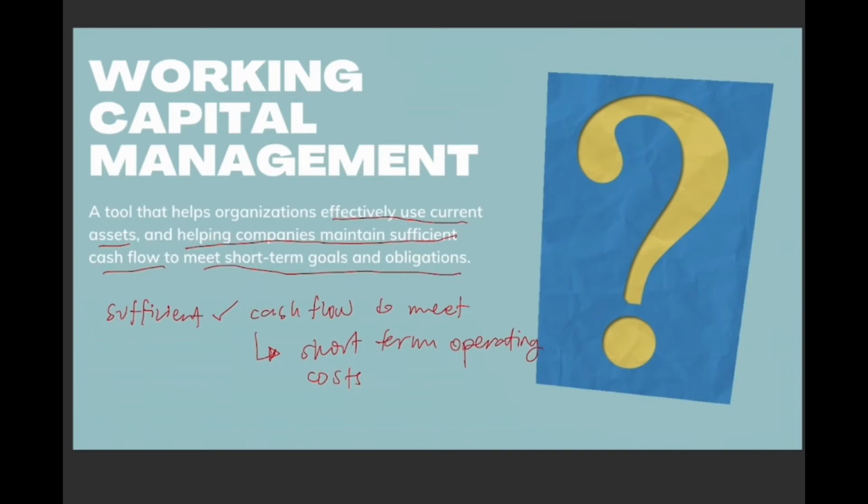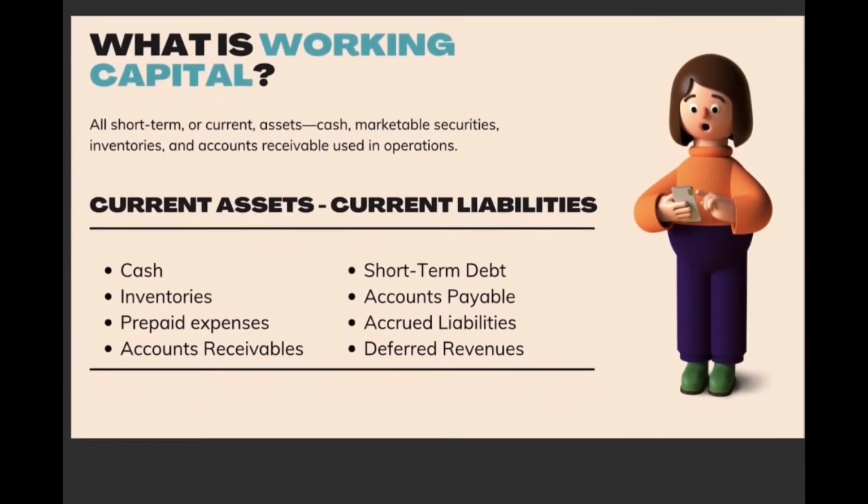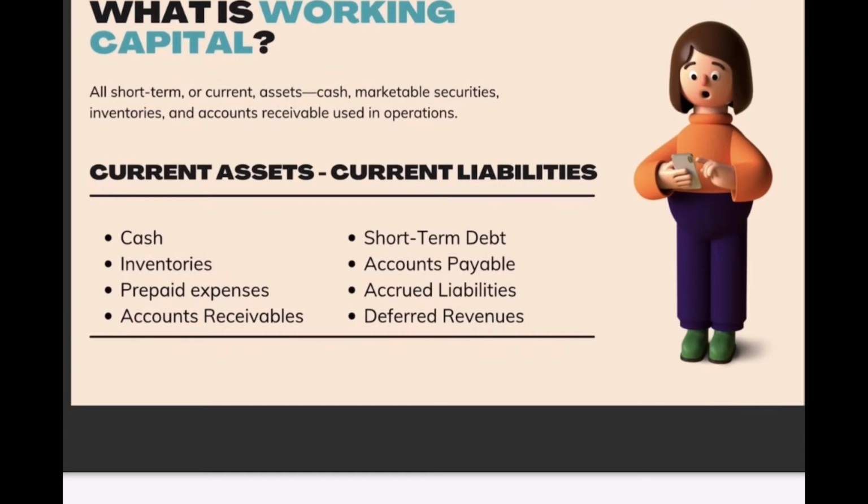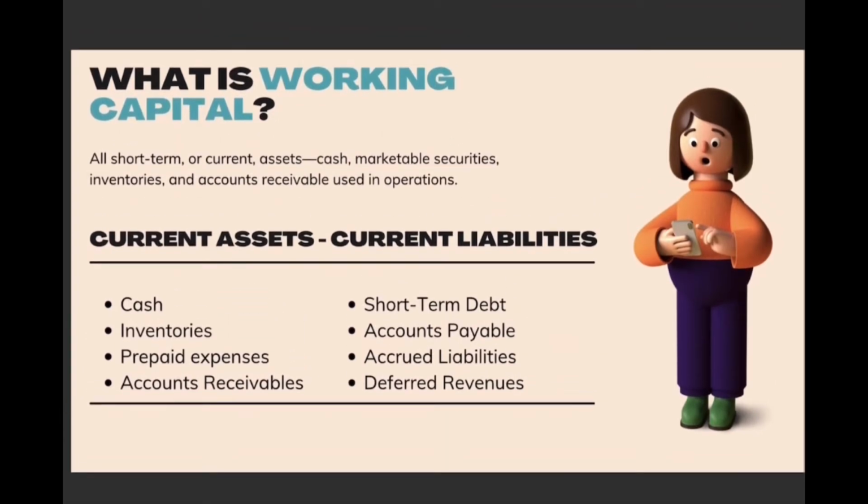Now let's go to another term, which is: what is working capital? Working capital basically is all short term or current assets like cash, marketable securities, inventories, and accounts receivables used in operations. So current assets include cash, inventories, prepaid expenses, and accounts receivables.